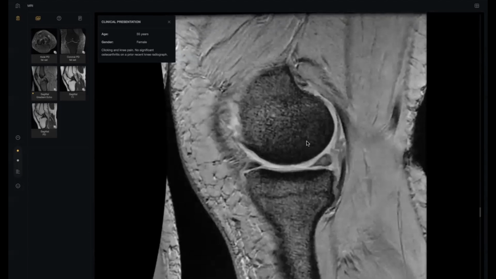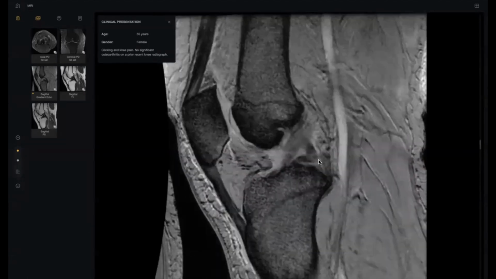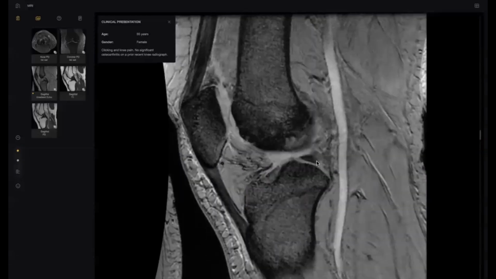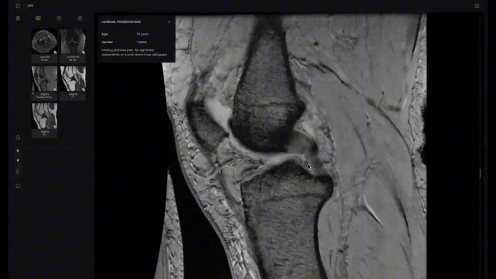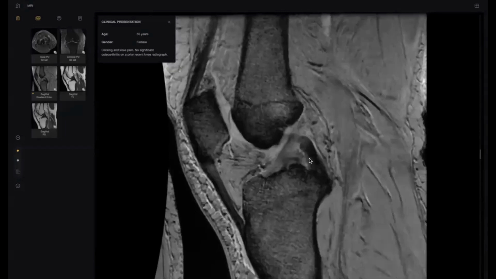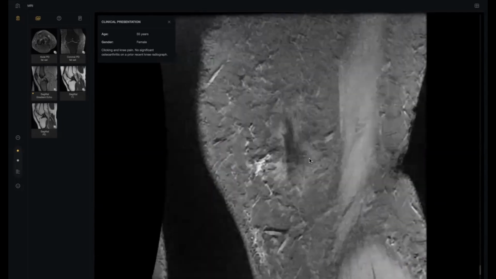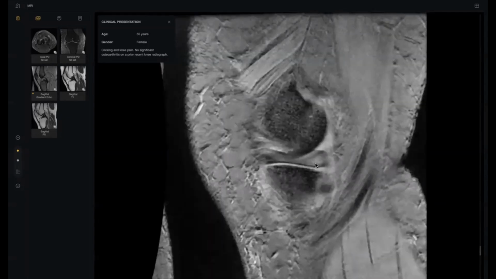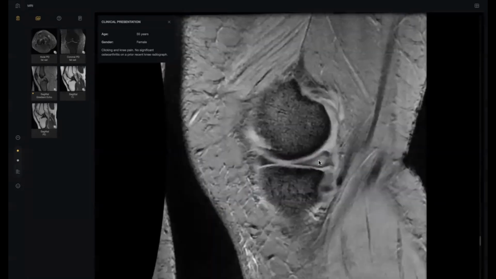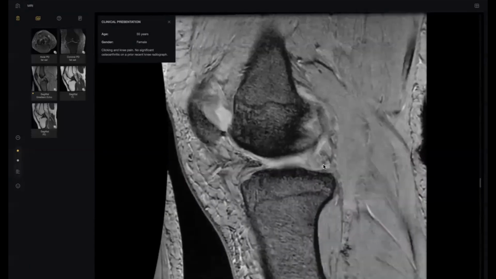Apart from this, there is high signal seen within the fibers of the anterior cruciate ligament. Don't worry about it. The ACL appears intact, and the PCL is also intact. So there is mucoid degeneration of the posterior horn of the medial meniscus. Okay, what else?